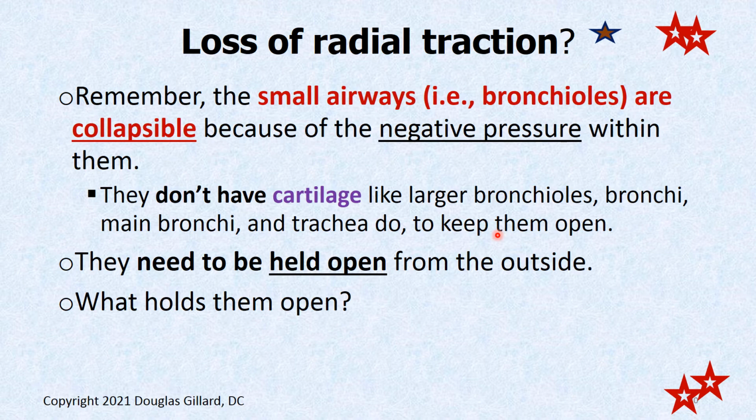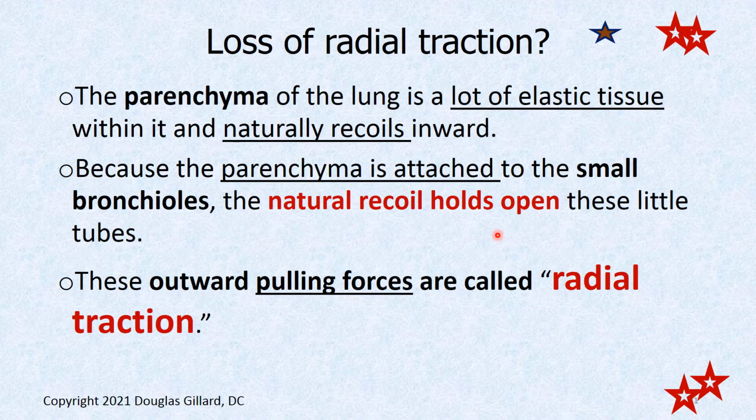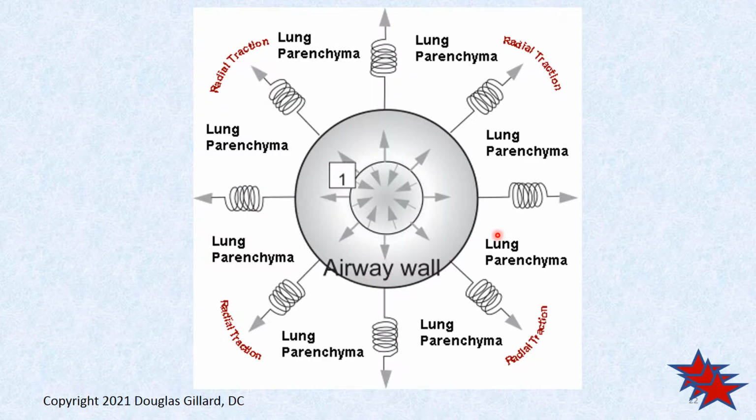Loss of radial traction, I just talked about that, so I don't need to say it again, but you can read about it. Radial traction holds those small airways open, especially the terminal bronchioles. Not the respiratory bronchioles, the terminal bronchioles. If I said respiratory bronchioles, that's a mistake.